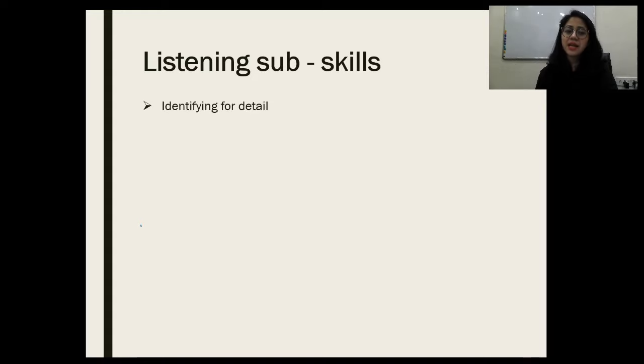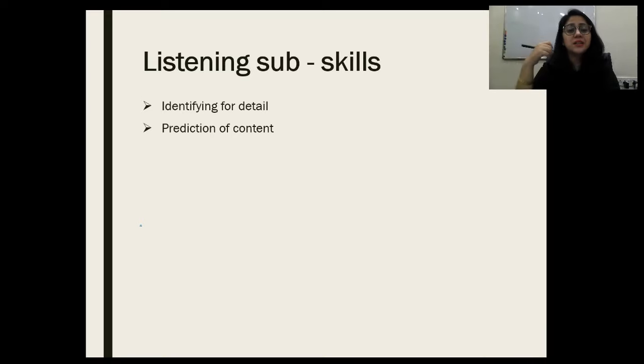Listening sub-skills: identify detail. That means you have to look at the finer, minute details when it comes to listening and answering your questions. Prediction of the content, which is very, very important. In the IELTS listening examination, there are quite a few answers which you could easily predict. So, how would you become aware of something like this?